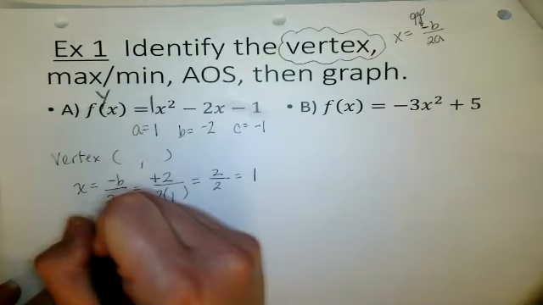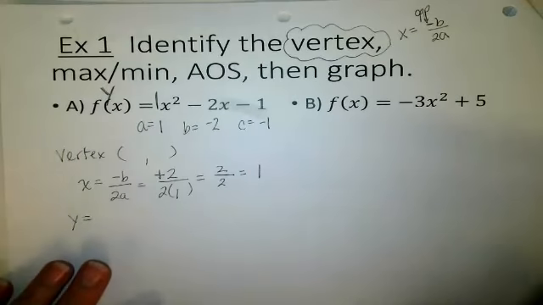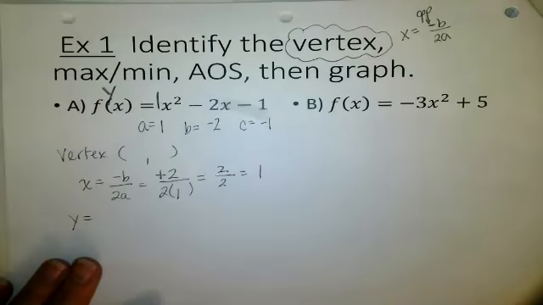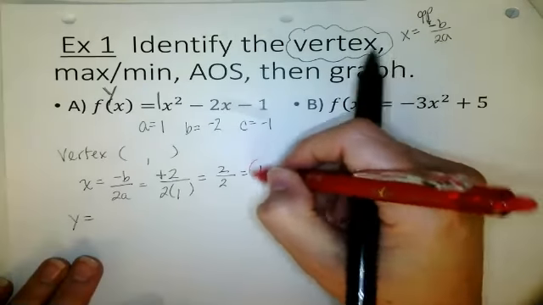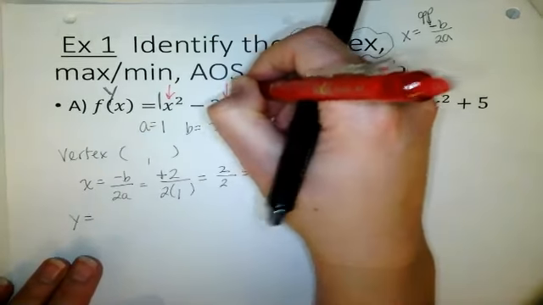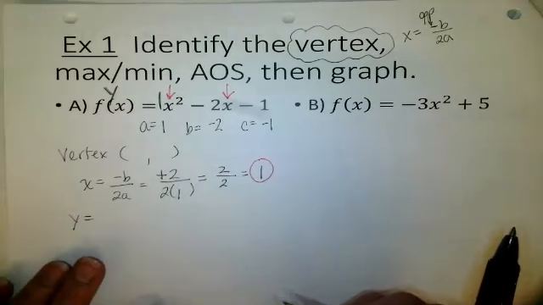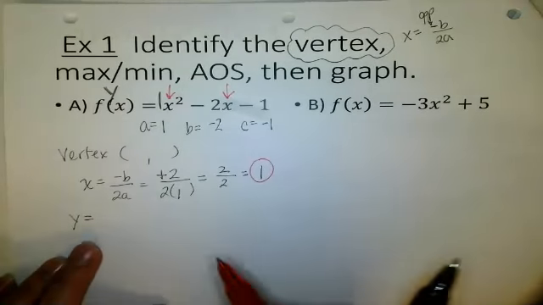Now, how do we figure out the y-coordinate of the vertex? Yeah, we're going to take our 1, our x value, and we're going to plug it back in to the formula that they gave us to get y.